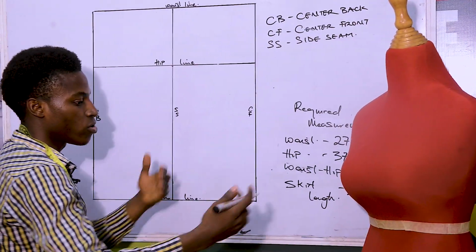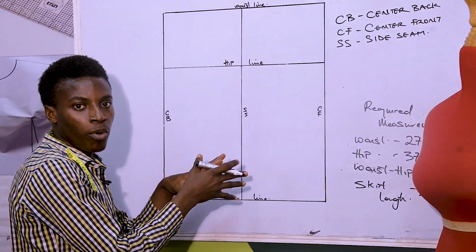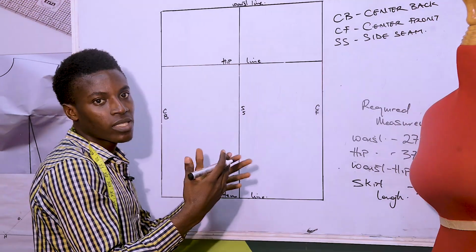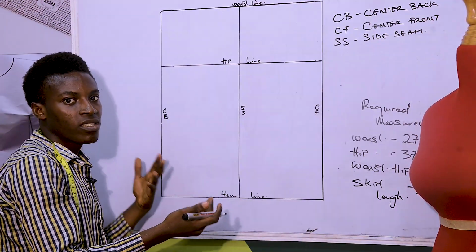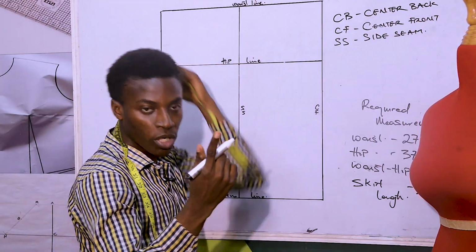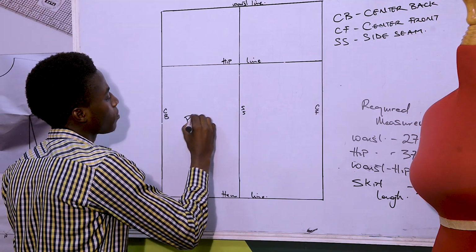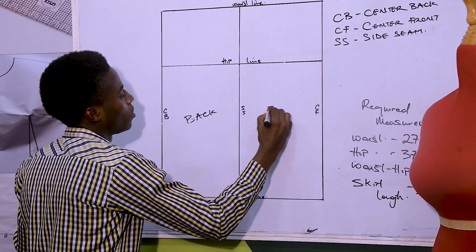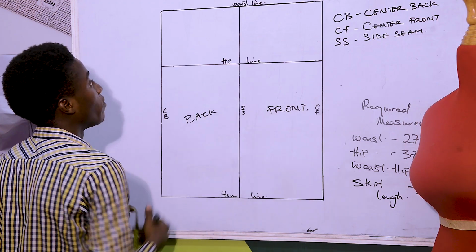So instead of us replicating the whole thing, all we do is work with half of the body block, so that by the time we start cutting, we cut the center front, unfold, we cut the center back, having the zipper allowance, then we have the side seam, so it gives us the entire body measurement. All right, so now we have the back and we have the front. Center front, center back.